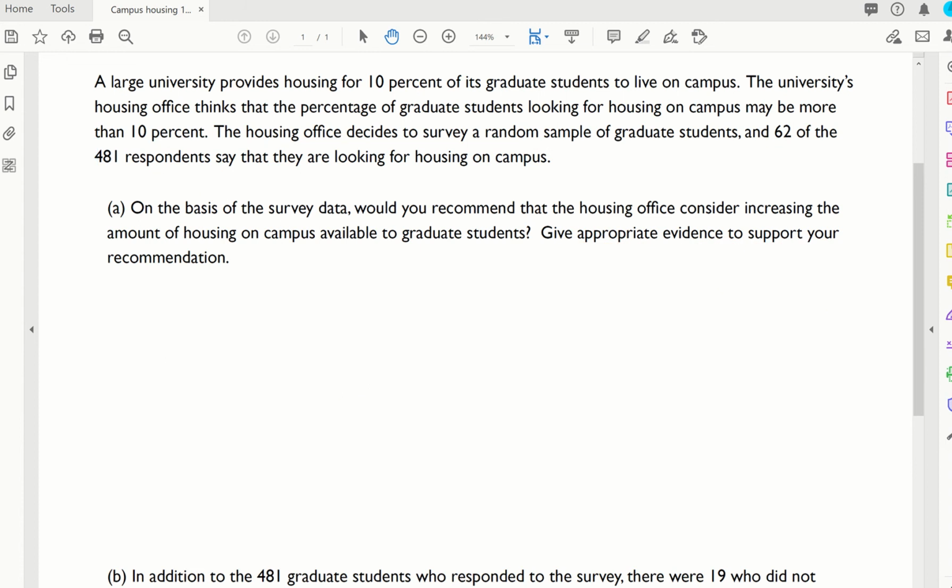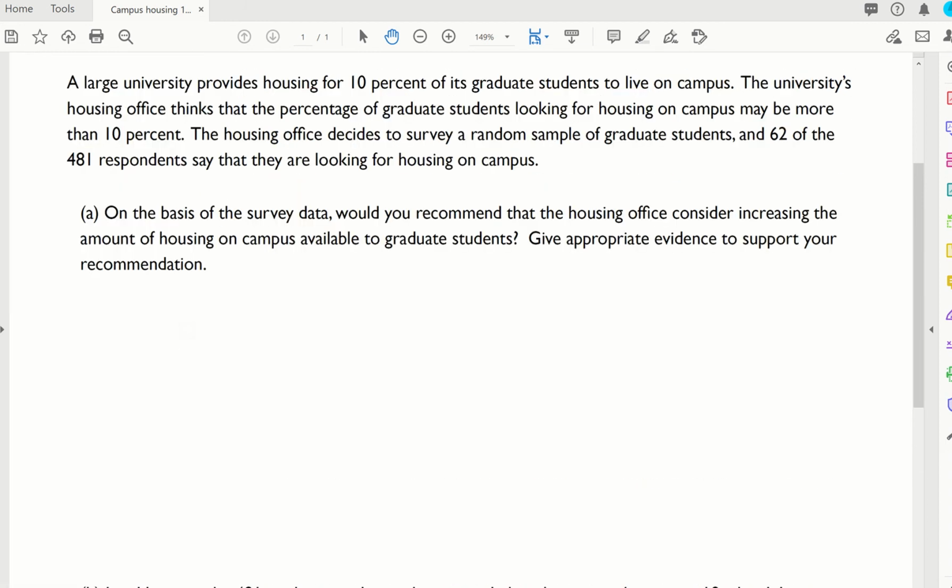Okay, so now to do the math, I will rewrite H0 is p equals 0.10, and HA is that it's greater than 0.10. And p-hat was 0.129. Now I'm going to build myself a curve based on the idea that the null is true.